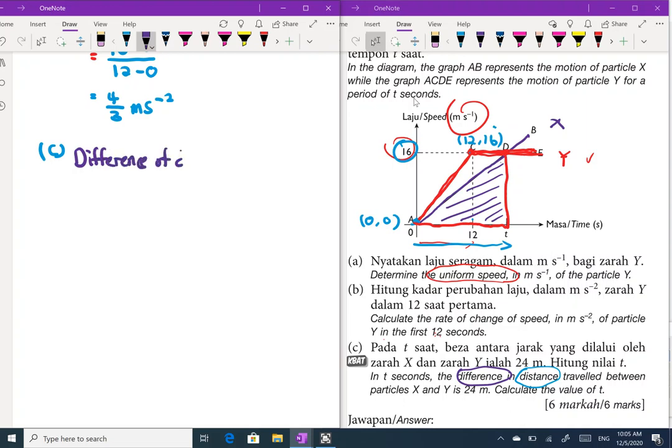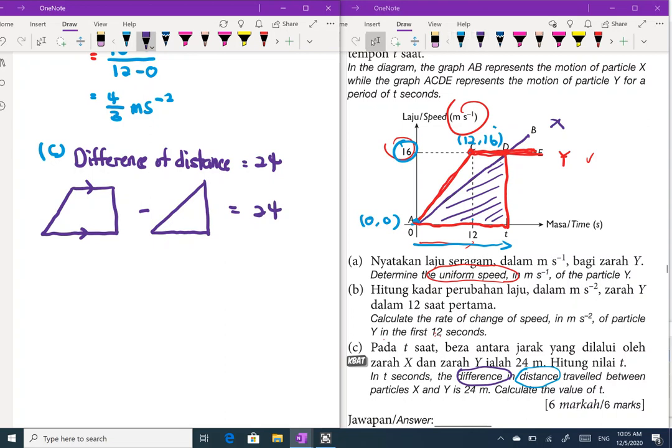So the difference of distance is equal to 24. So I just use the big trapezium. So this is our parallel lines minus the triangle is equal to 24.